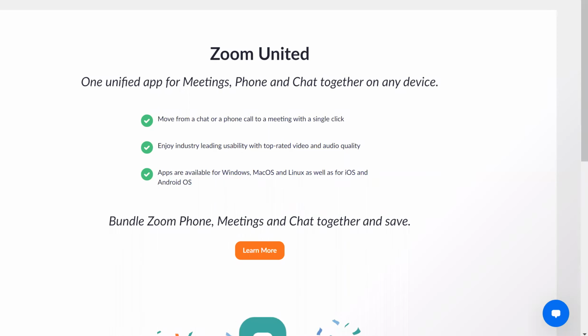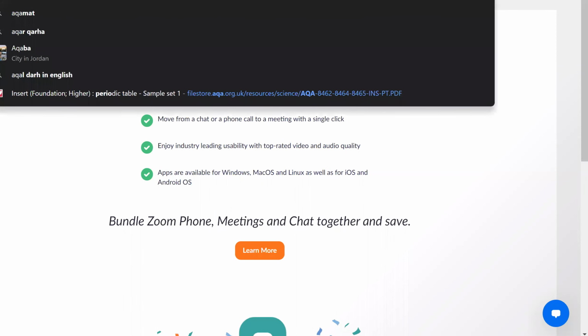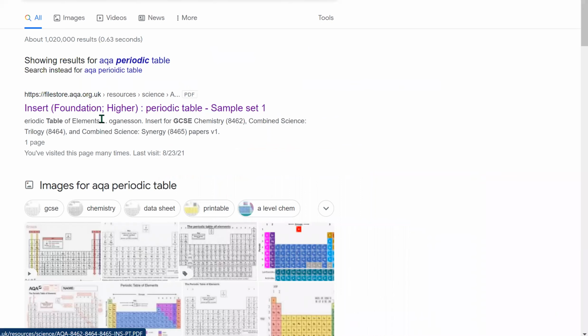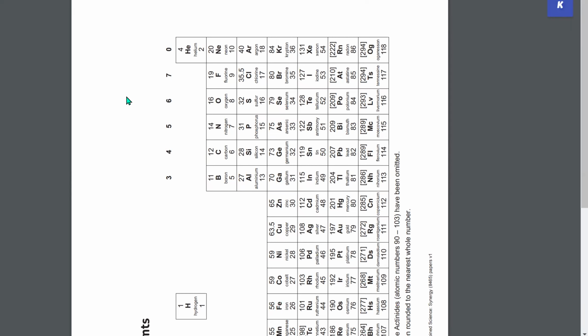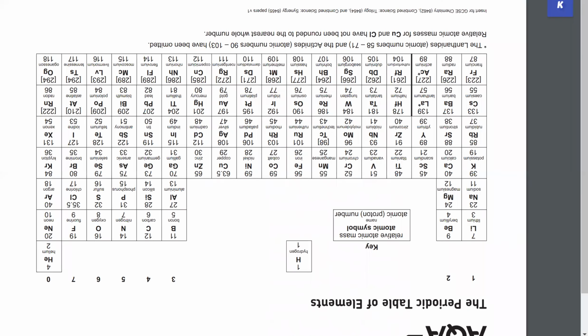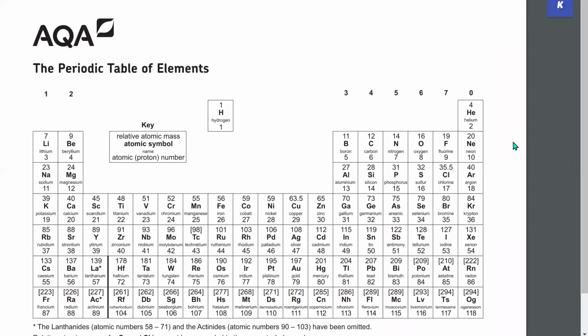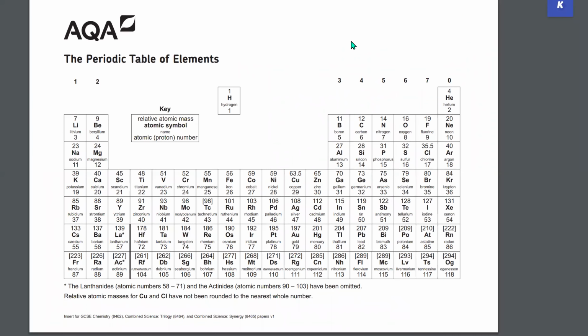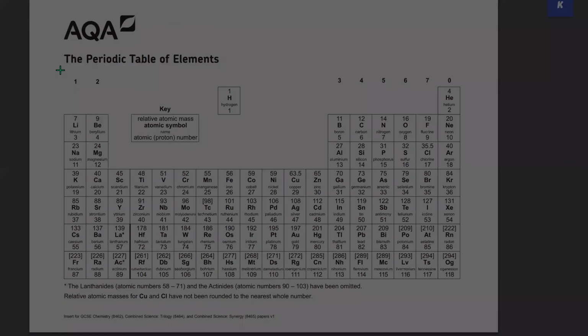Let me just open a periodic table. So let's look at this old O-levels periodic table for a second. So the question is, why are metals losing electrons? Why are non-metals gaining electrons?